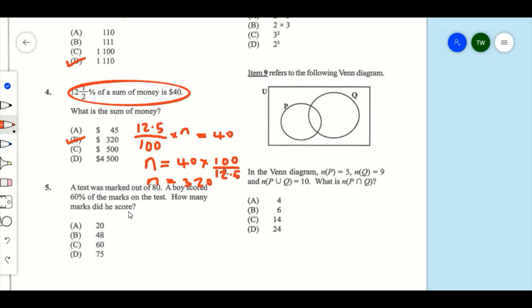Now, if he scores 60%, 60% as a fraction is 60 over 100, times 80. 0 cancels out 0 here, and 0 in the numerator cancels out 0 in the denominator. And what we are left with is 6 times 8, and that's going to give us 48. So our answer for number 5 is going to be B.